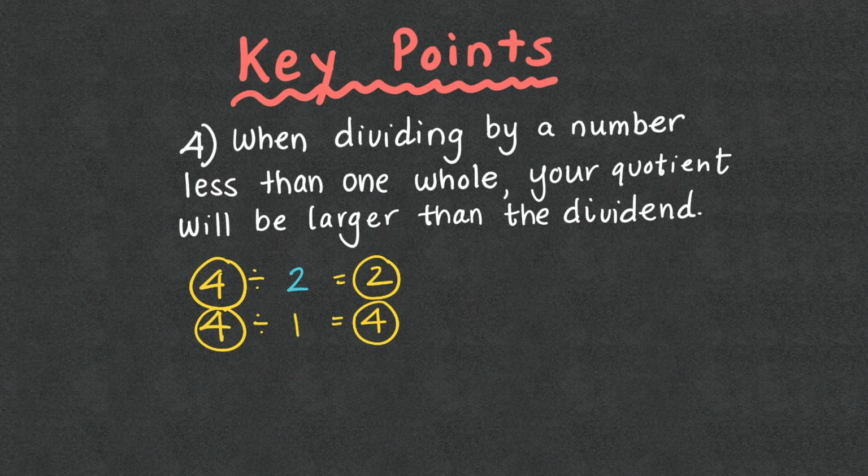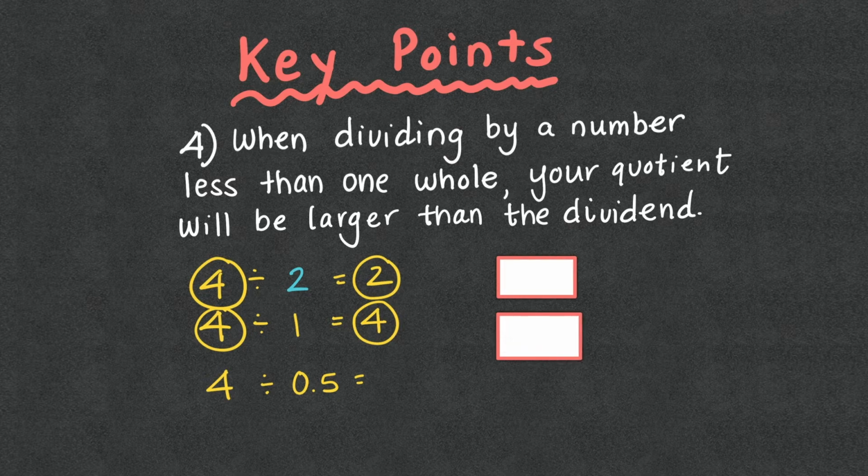Now you can think, what's going to happen when we divide by a number less than one whole? So let's do 4 divided by 0.5, which we know is a half. Now, some of us may assume that it's 2 or may not be sure how to solve this. So if I was to take 4 wholes, 1, 2, let's assume they're all the same size.